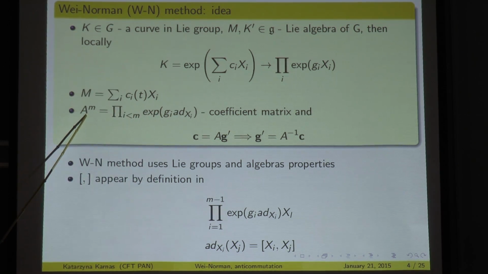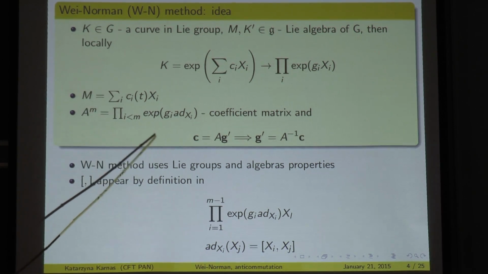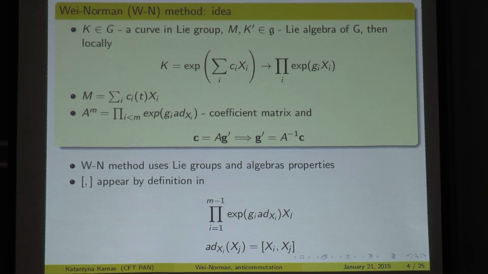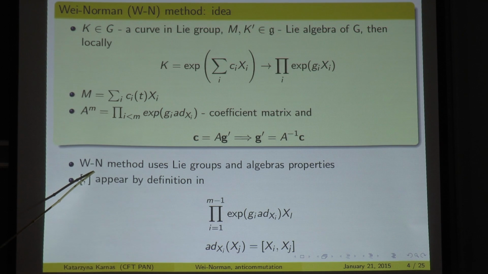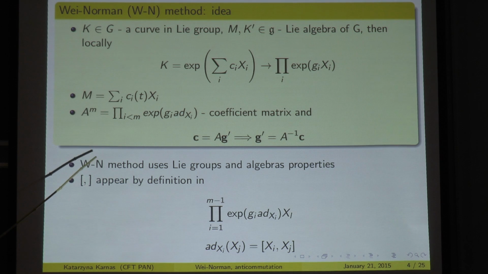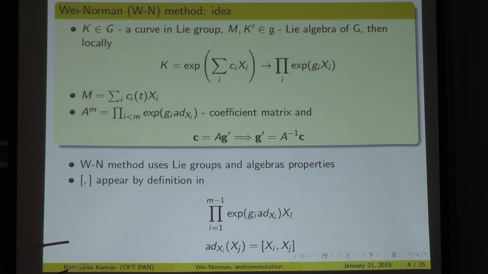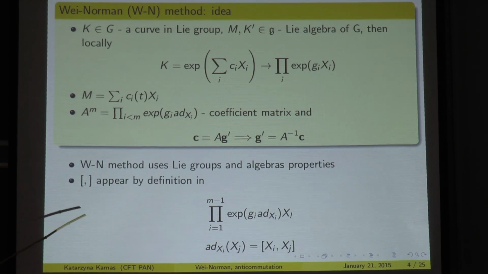Matrix A has been introduced by Wei-Norman by this formula, and some basic facts about this algorithm. At first, the Wei-Norman formula uses Lie groups and Lie algebras properties, especially the so-called adjoint action in a Lie group and a Lie algebra.